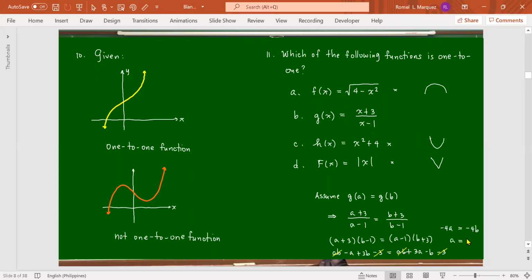So a therefore is equal to b. Hence, we say that g is one-to-one. So the answer is B.